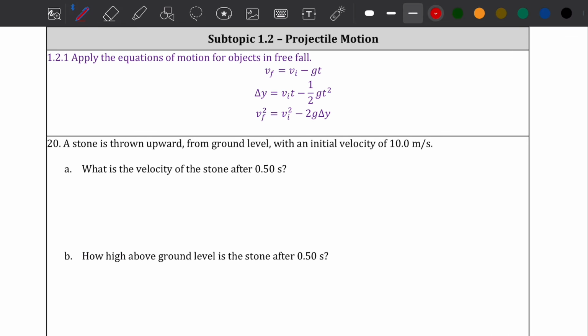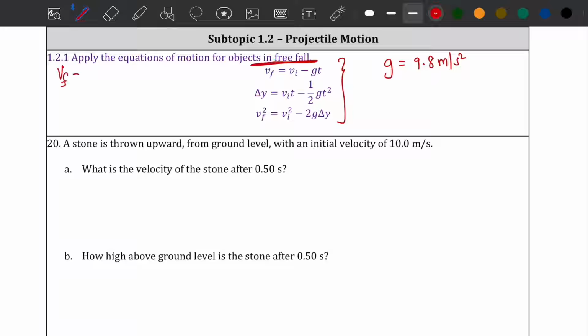Next, we want to solve questions based on free fall. These are the equations for free fall, and in all these equations g will be taken as 9.8 meter per second square, and because the equation already has a negative sign with it, you don't have to put a negative sign for g. In case you are using the equations with a positive sign, I'll show you what I mean.